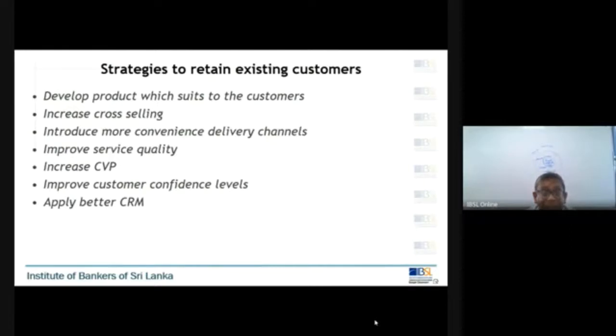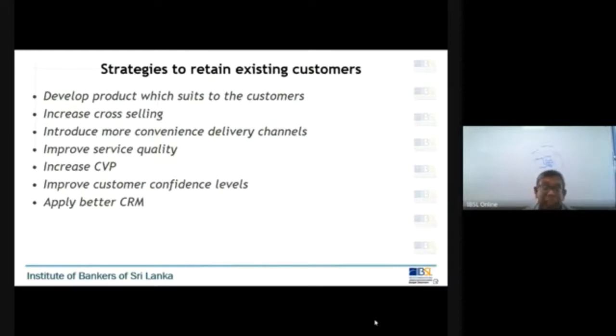Now, how does it help retain the existing customer? Because then he has no option. The bank will provide all sorts of products: housing loan with my bank, personal loan with my bank, salary coming to my bank, and credit card with my bank. So he can't go out from my bank.